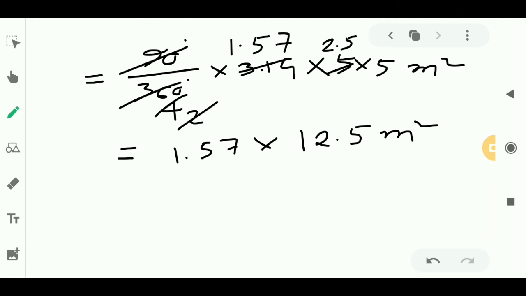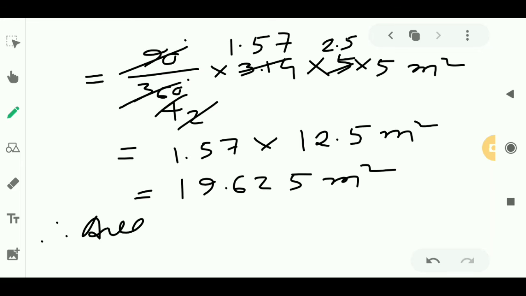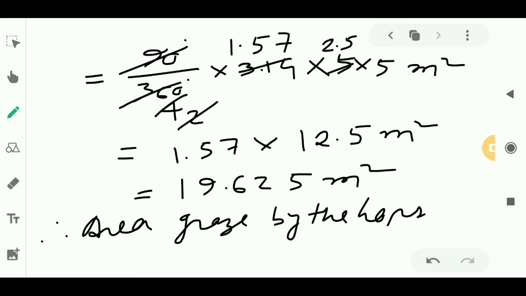Now we will multiply 1.57 and 12.5. So it will be 19.625 meters square. Therefore the area grazed by the horse is equal to 19.625 meters square.